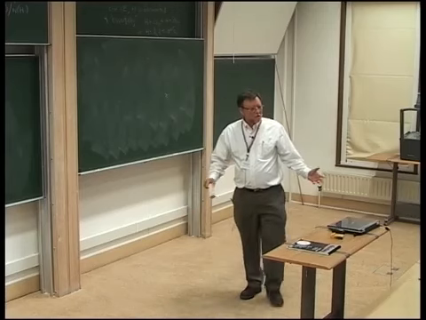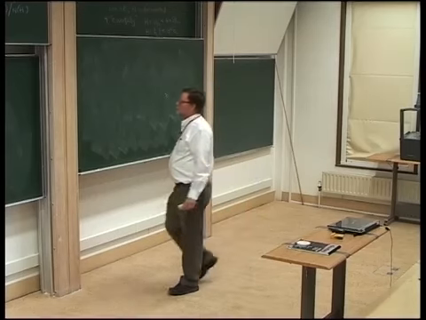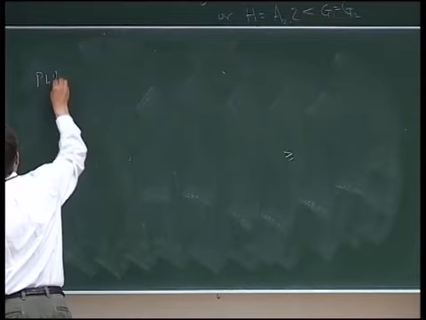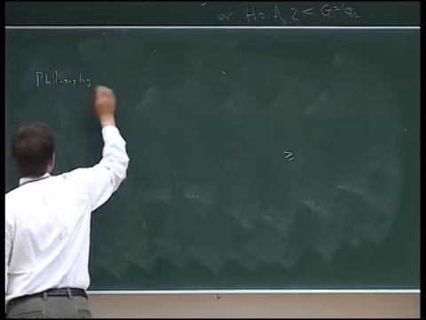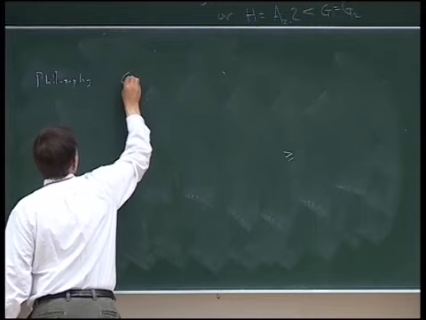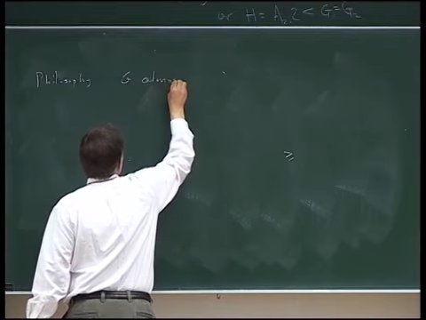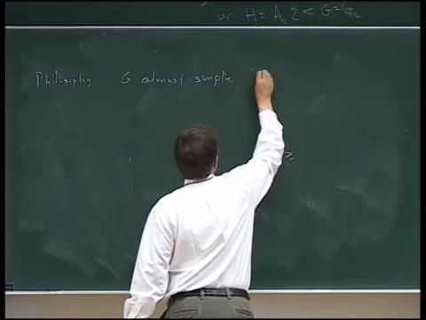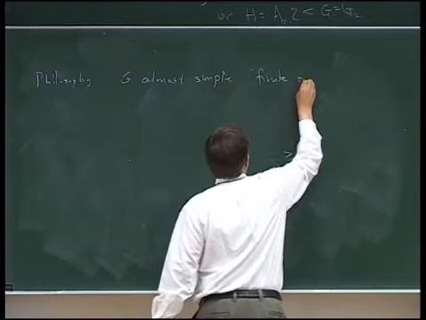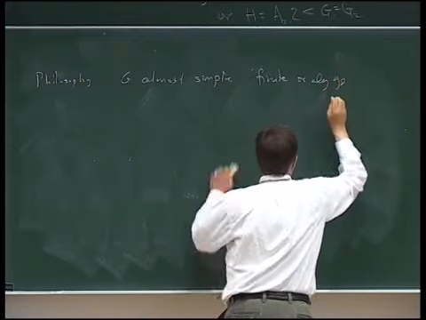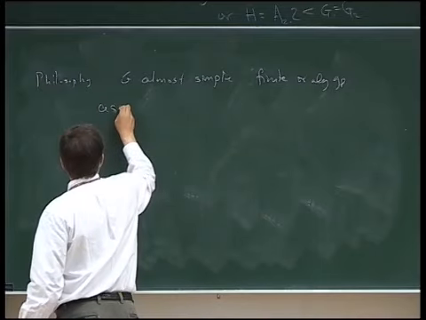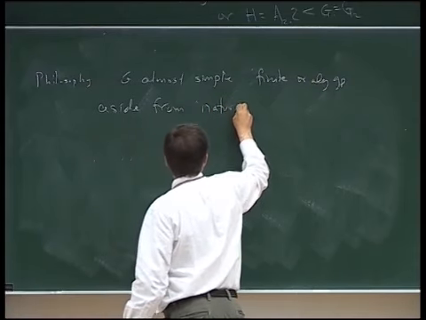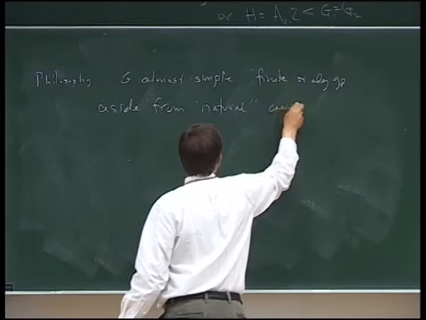But aside from those cases, basically subspace actions and k-set actions, the philosophy is, and it's a theorem now, that if G is simple or almost simple, finite or algebraic group, then aside from natural actions, natural cases, the base size is small.